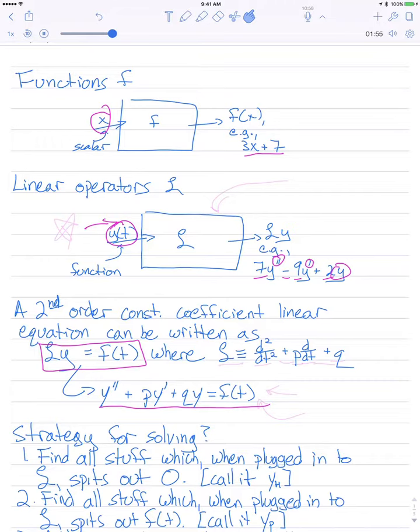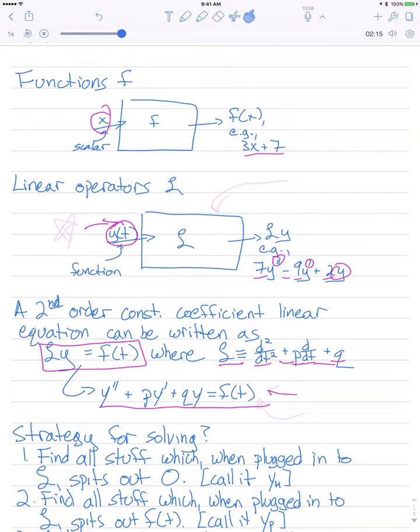It's just shorthand for the same thing. What the linear operator L means in this case is: differentiate twice, differentiate once, multiply by p and add, and then take the function itself and multiply by q and add that on. That's the definition of our linear operator here.